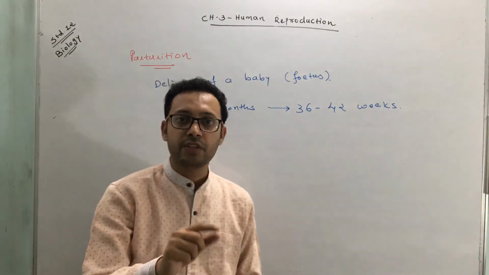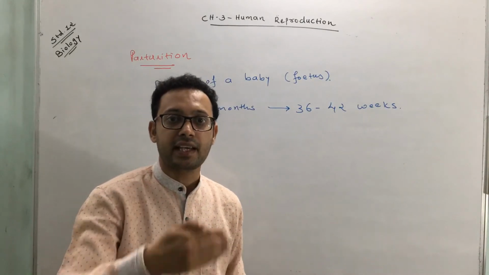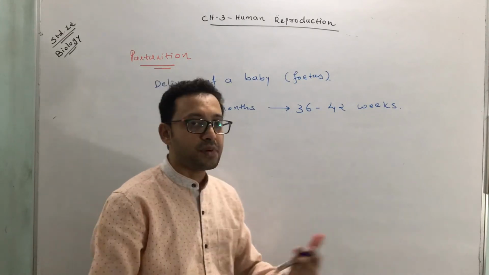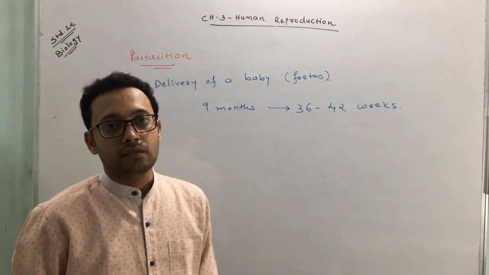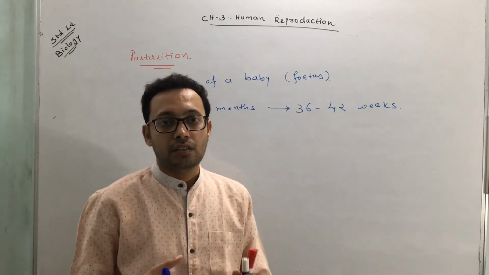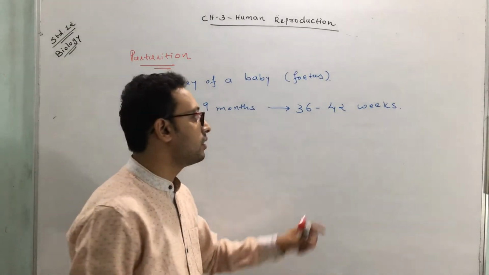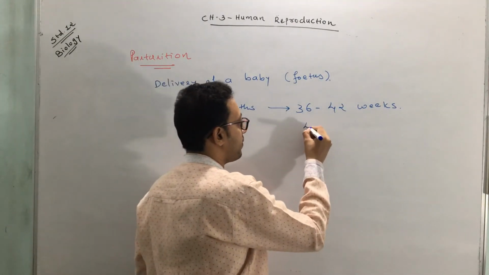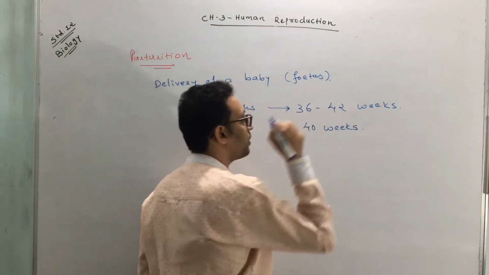Okay, that's why we have also written the week-wise embryonic development, like at the end of 4 weeks, 8 weeks, 12 weeks. Every week certain changes take place, and during the late stage the monitoring of the embryo should be done every week. So the usual time is 36 to 42 weeks. On average, the gestation period or pregnancy time is 40 weeks.